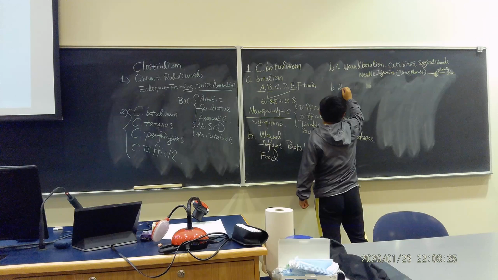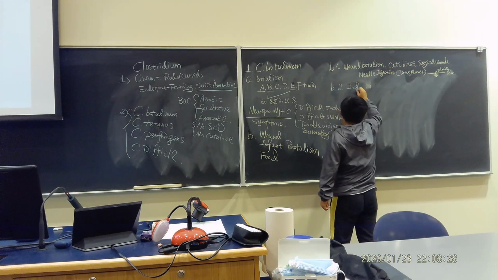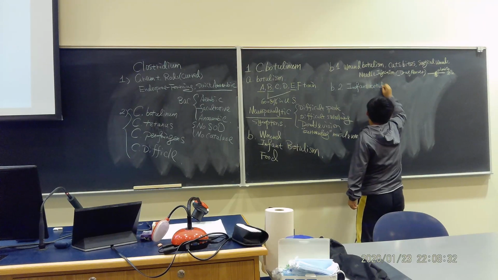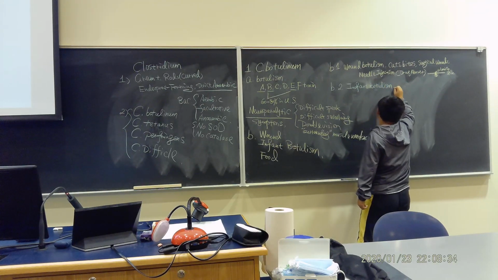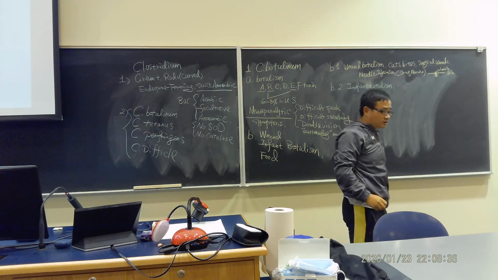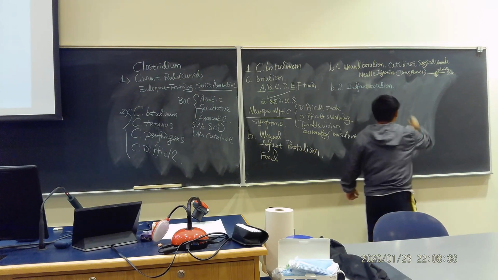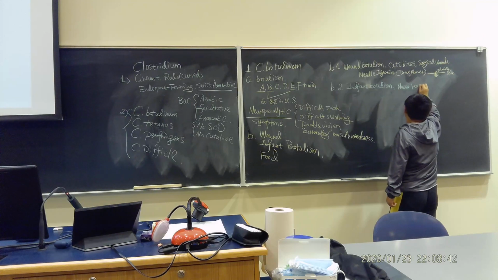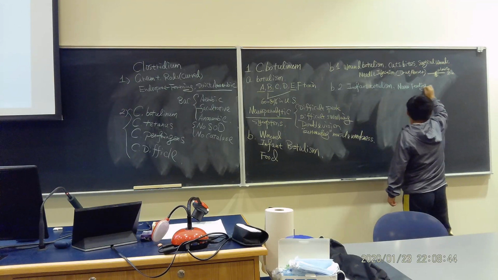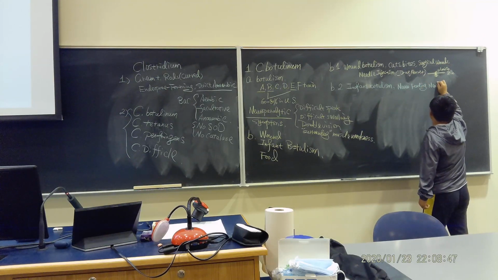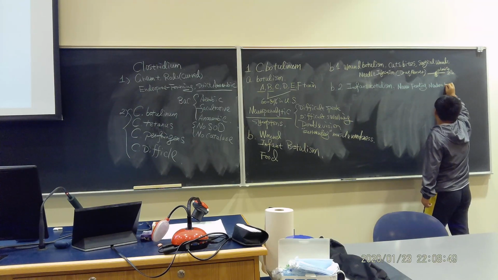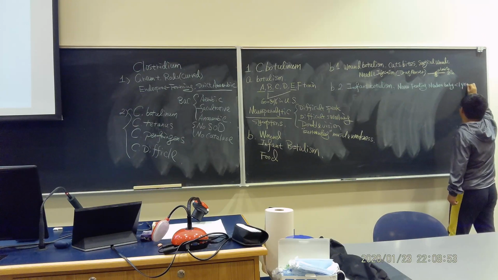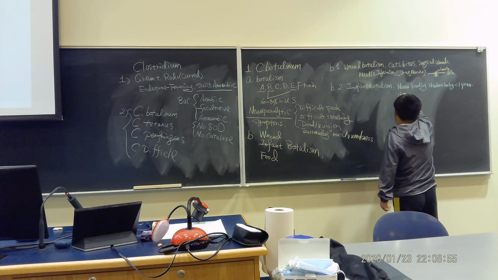The second one is infant botulism. For infant botulism, you have to remember one sentence that will let you understand: never feed a newborn baby, or we say any baby less than 1 year old, honey.